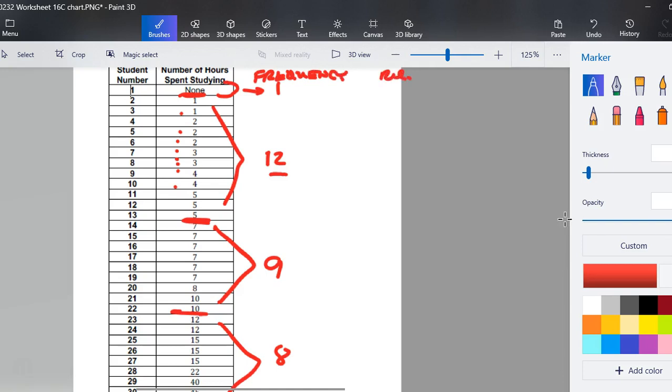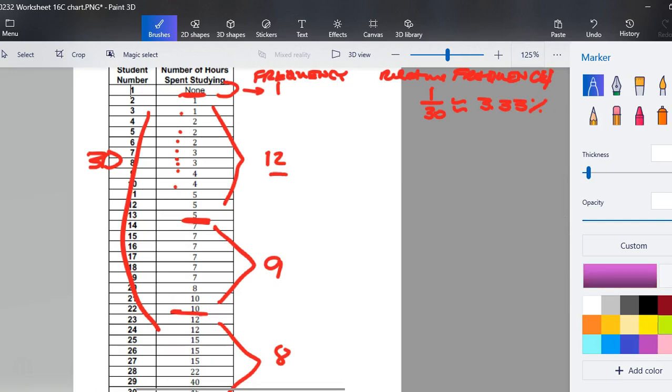Now to do a relative frequency, it's going to be a percentage. A relative frequency means that we have 30 pieces of data listed in this chart. So beginning with this first one, 1 out of those 30, when I divide and it says round to the nearest hundredth, we get 3.33%.